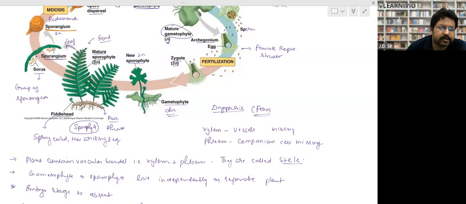The sporophyll leaves at the lower side, they have sporangia, right? The group of sporangia is called sorus. Please note it down. The group of sporangia is called sorus, and it is found at the lower surface of leaf.